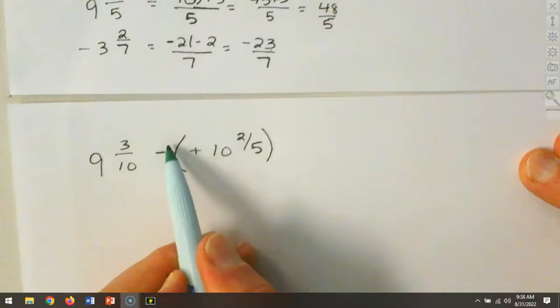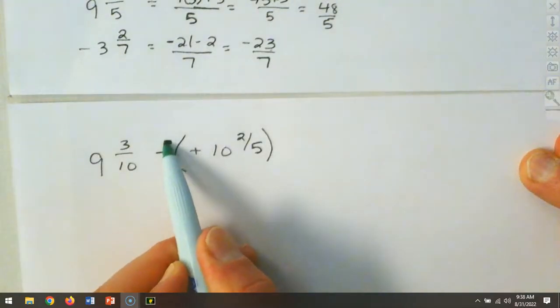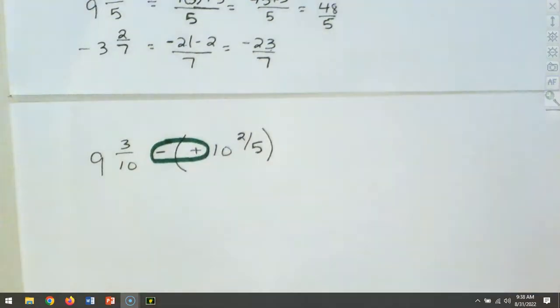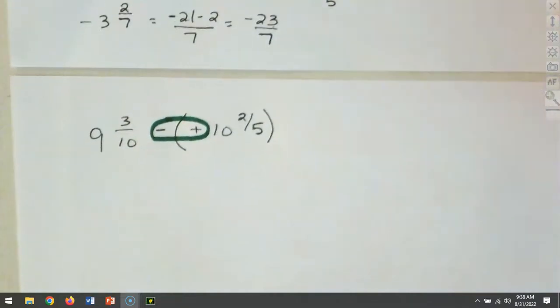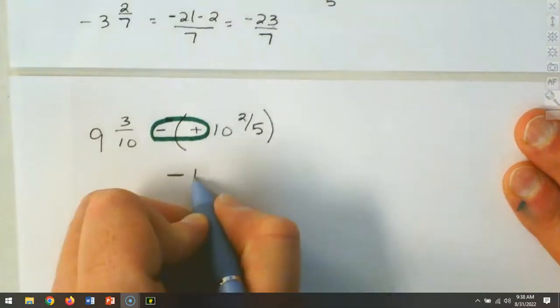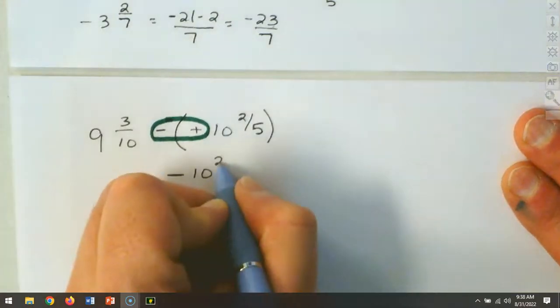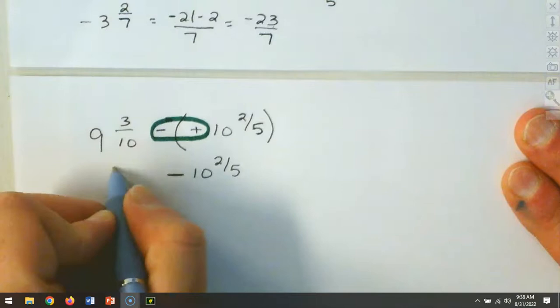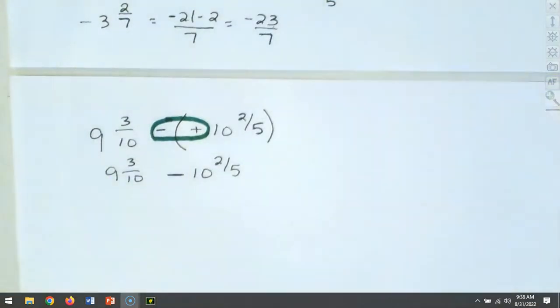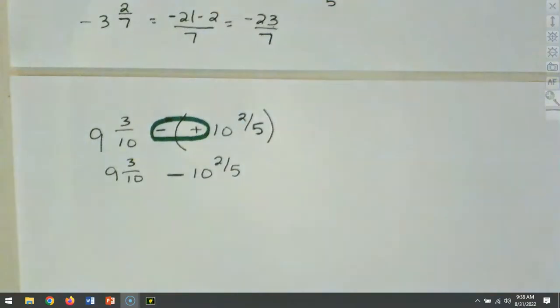There is no number between these two signs, so these two signs can go together. What's a positive times a negative? A positive times a negative is going to make it stay negative. So those can go together, and we don't need our parentheses anymore. Because those can go together.